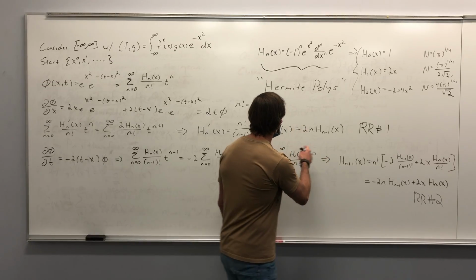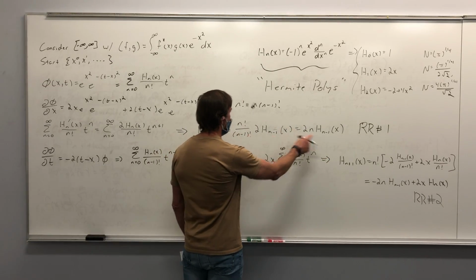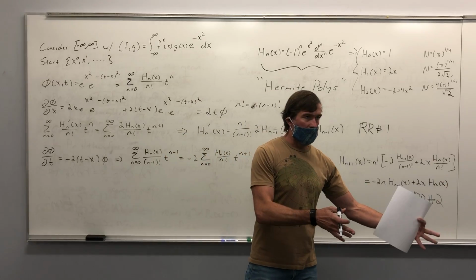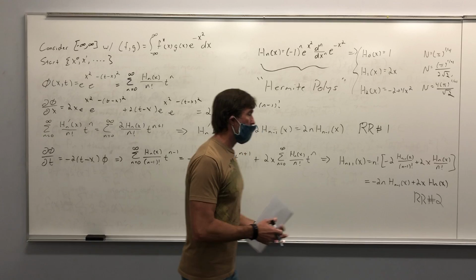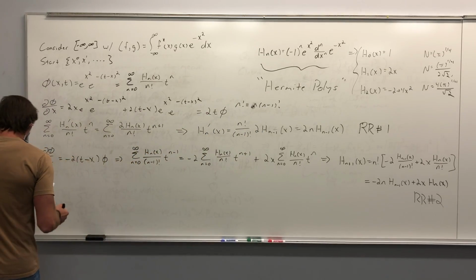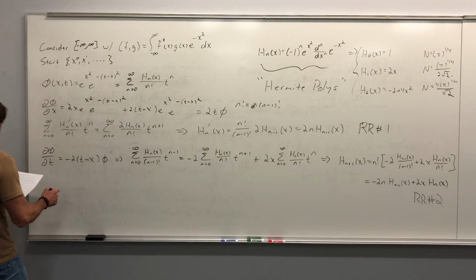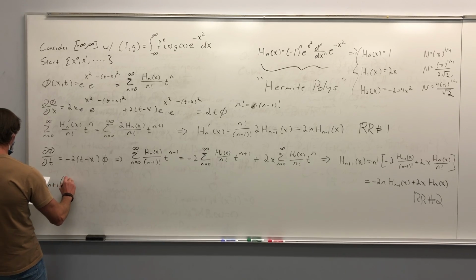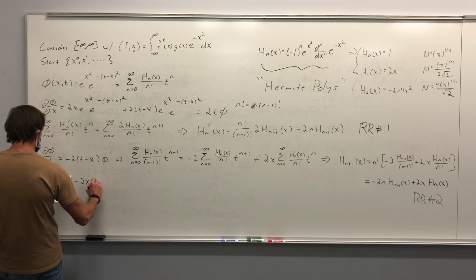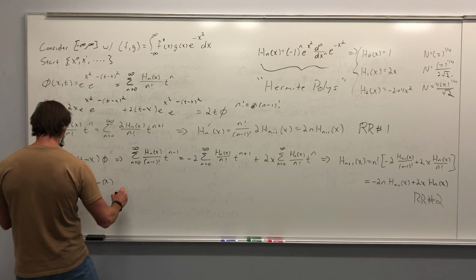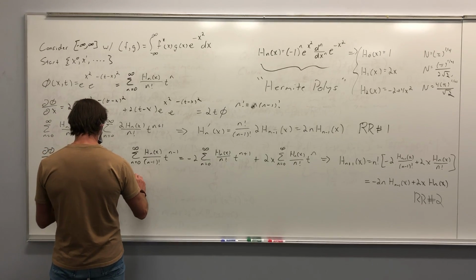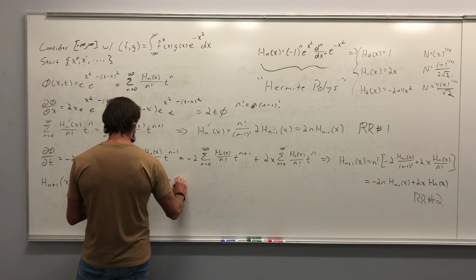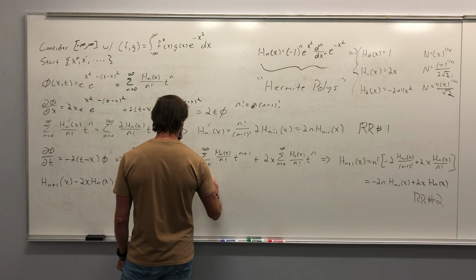These recursion relations are sort of mixing up n's and n minus 1's. What we would like is an equation for hn. So what we can do is combine those two recursion relations, and we get the following. This is recursion relation number 2.